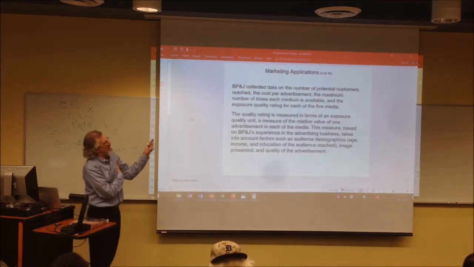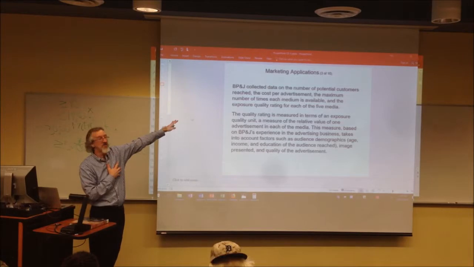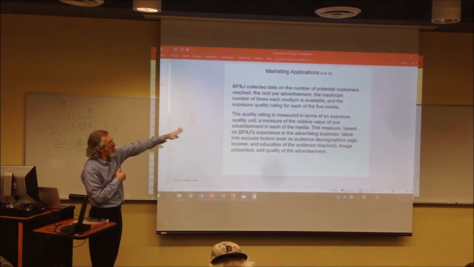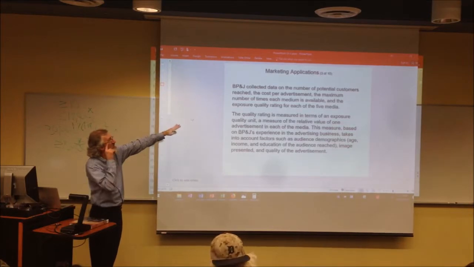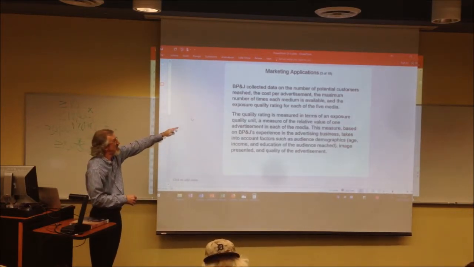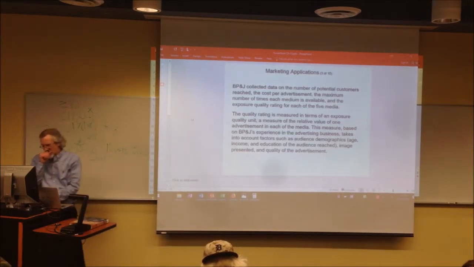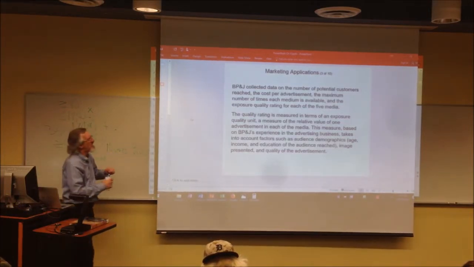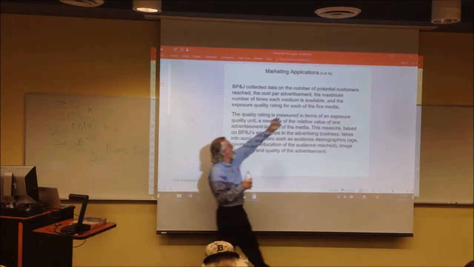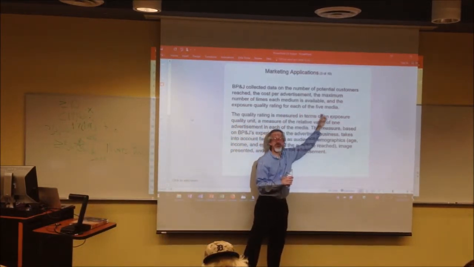Says the advertising firm, that's you, collected data on the number of potential customers reached, the cost per advertisement, the maximum number of times each media happens to be available, looking at all kinds of different media, the exposure quality index rating for each of the 5 media. That's a hint right there.